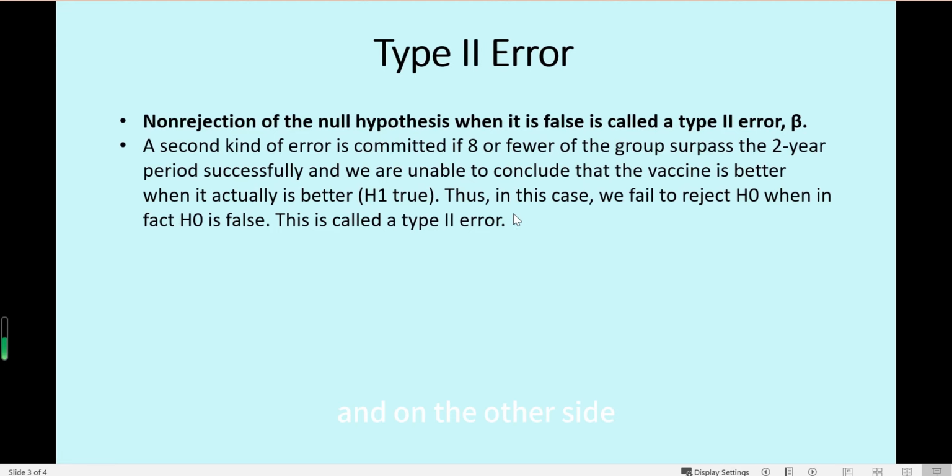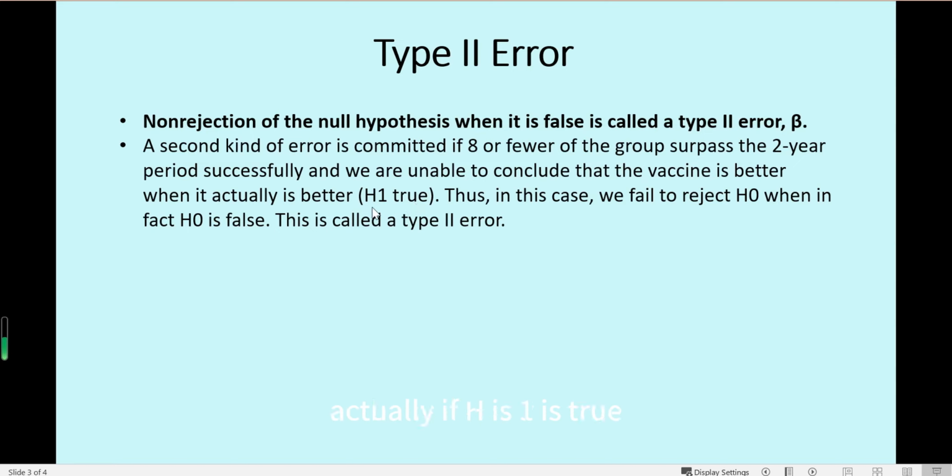And on the other side, you may not reject the null hypothesis when actually it is false. This error is called type 2 error, which is beta. For example, in a hypothesis test, H0 is 0.25 for a binomial success rate, but actually H1, the alternative hypothesis, says the probability is 0.50 in each trial.